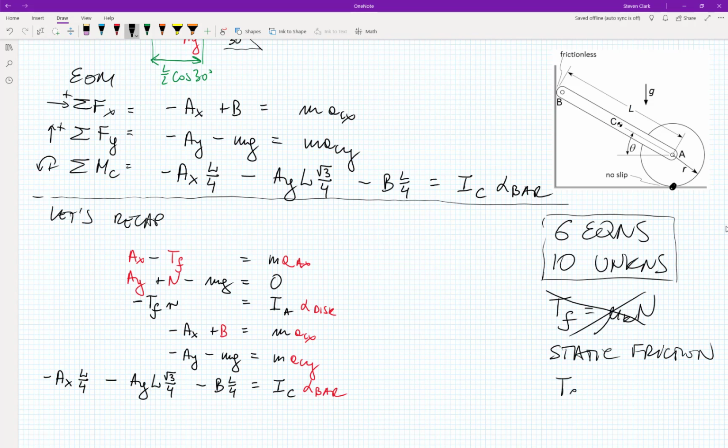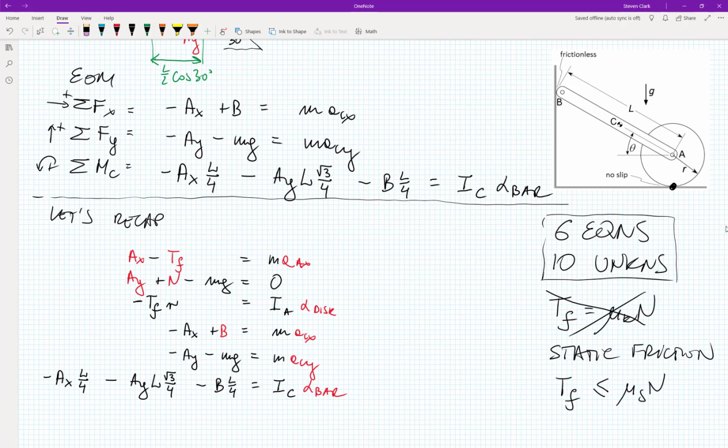So our Tf is definitely somewhere below mu s n. But where it is, I don't know. What is the accurate value of Tf? I don't know. So actually, in this case, we cannot go for any friction law, guys. Our Tf will be obtained once we solve this set of 10 equations and 10 unknowns.